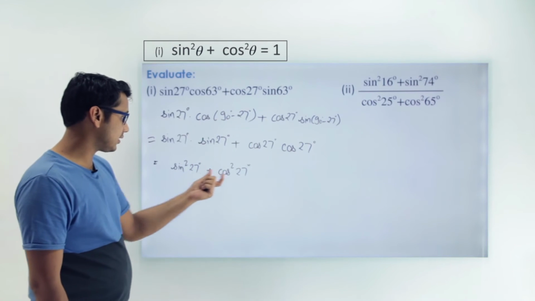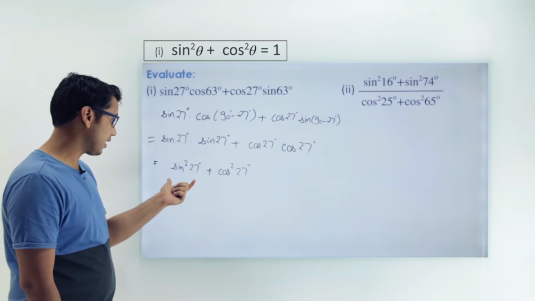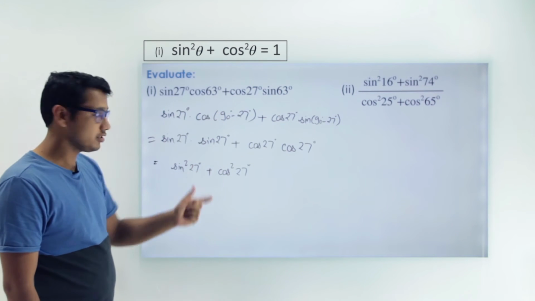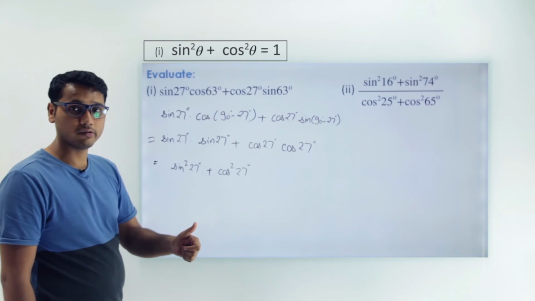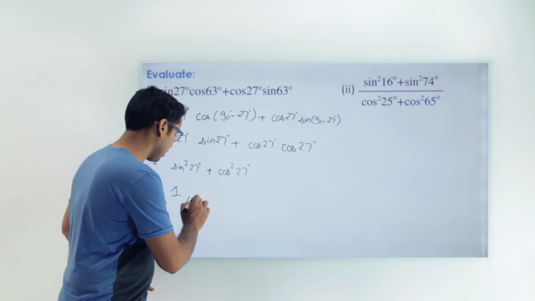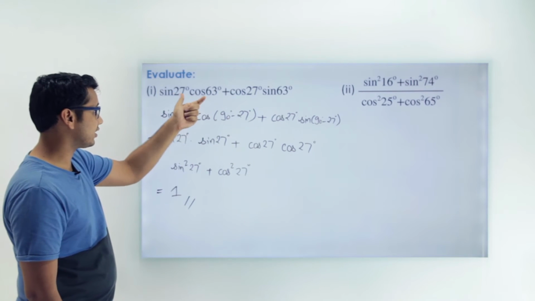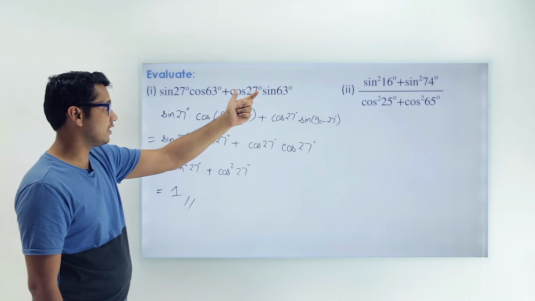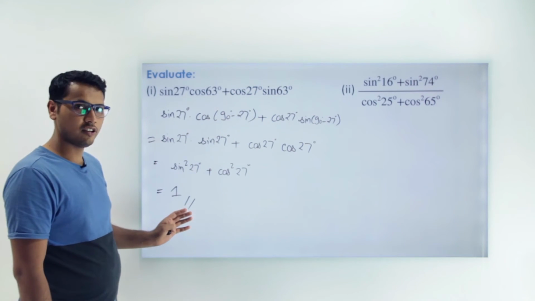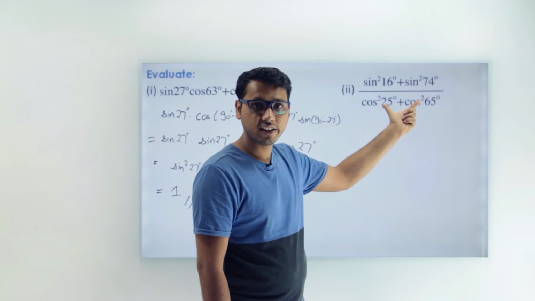Since the angle is the same in both terms, we can compare this with sine square theta plus cos square theta equals 1, so its value will also be 1. So the expression sine 27 into cos 63 plus cos 27 sine 63 comes out to be 1.